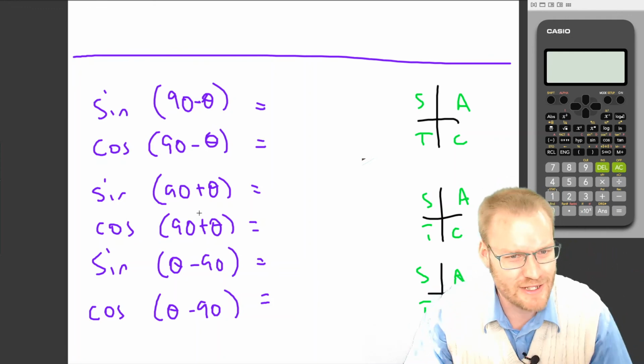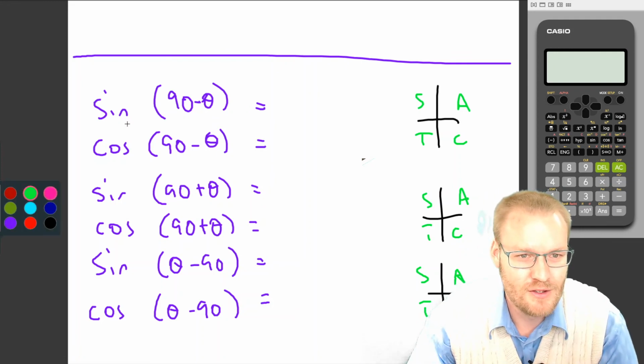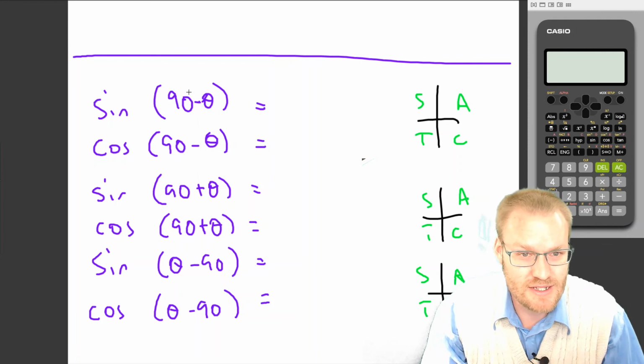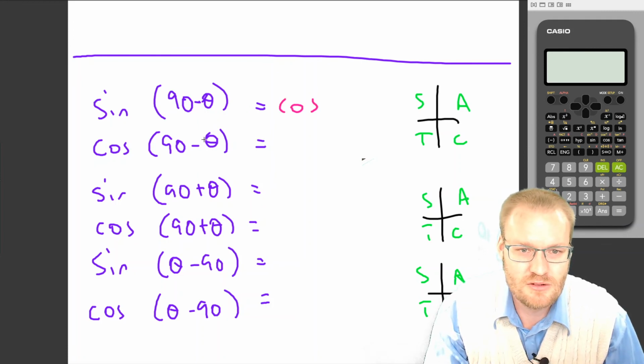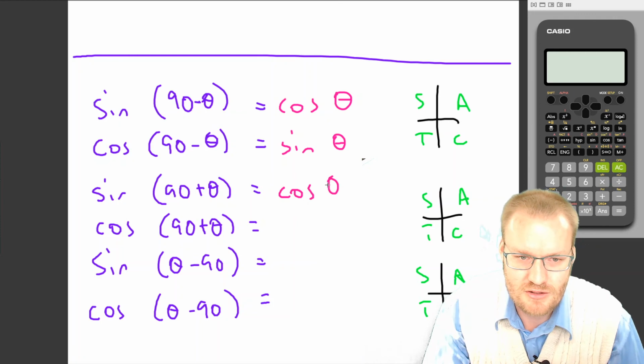Okay, so this is the essence of everything we've just done in the video in one go. In each case, we've gone, there's a 90. So if there's a 90, sine changes to cos, cos changes to sine. So it's going to be theta, theta. Sine changes to cos, cos changes to sine.